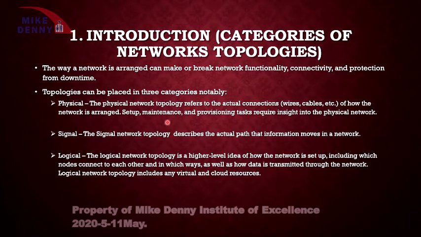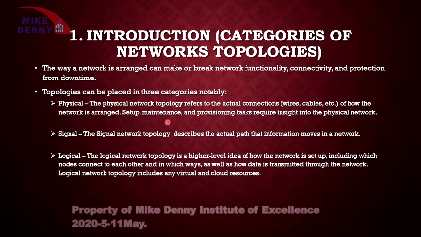How is it set up? The maintenance and provisioning tasks require insight into the physical network. We have the signal. The signal network topology describes the actual path that information moves in a network. It's more visual.